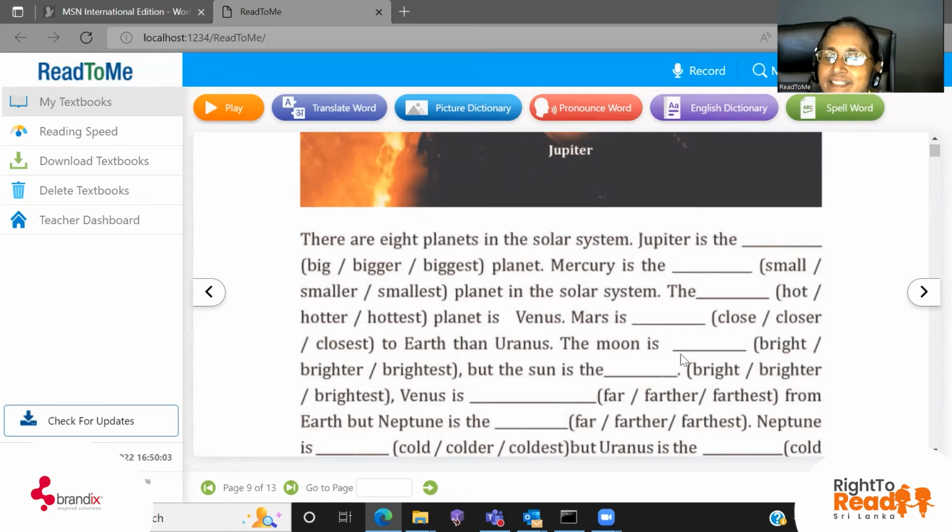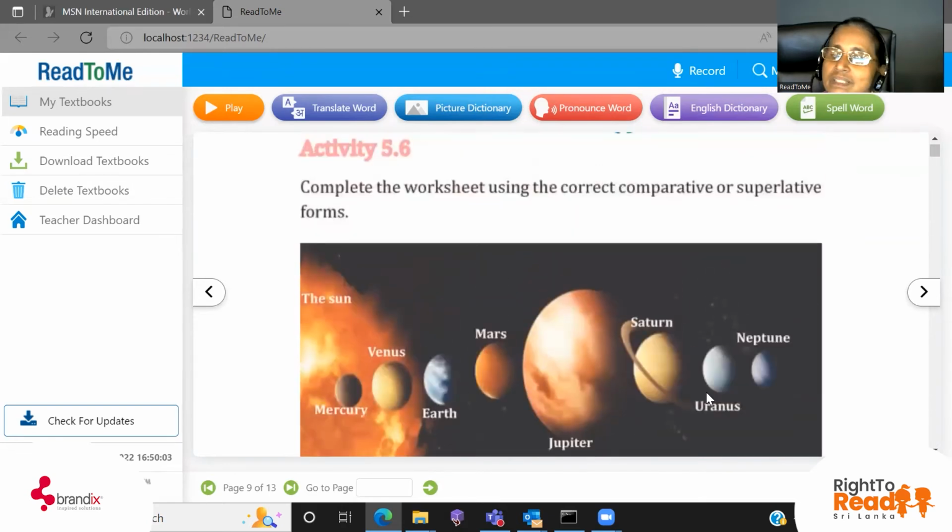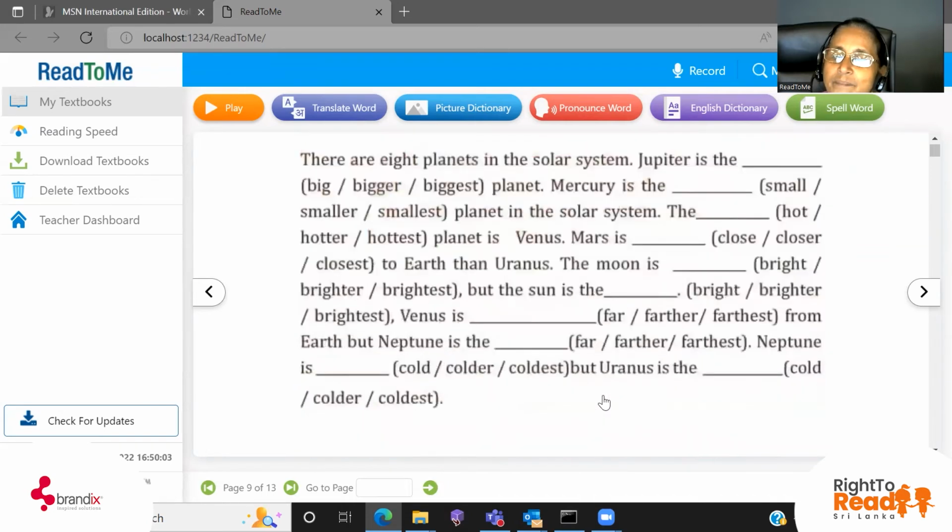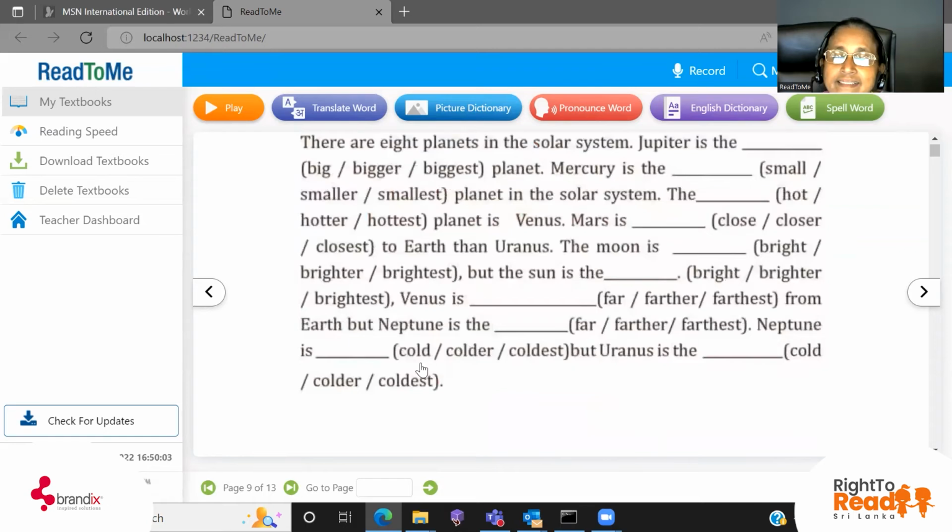Close, then bright, their brightness, then far. What is far? I mean, far from, dura, or what is it in Tamil? Yes. Then what else? Cold, things like that.